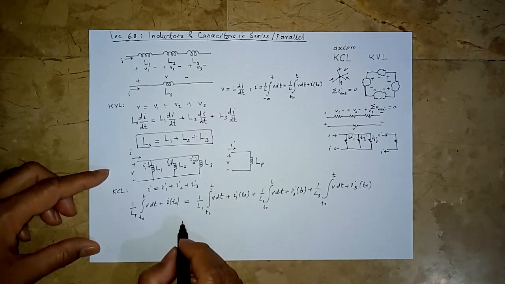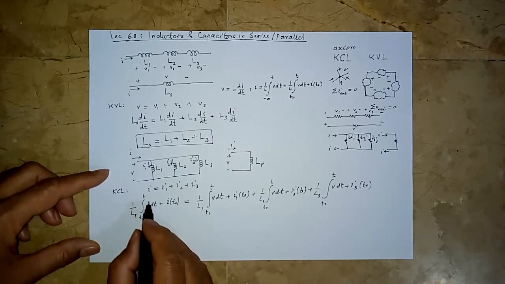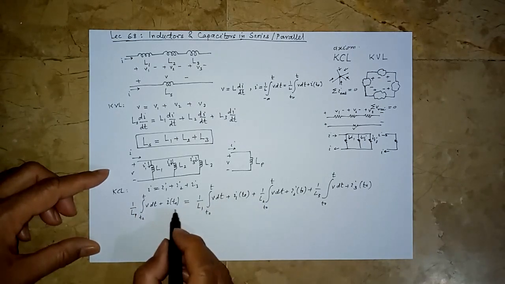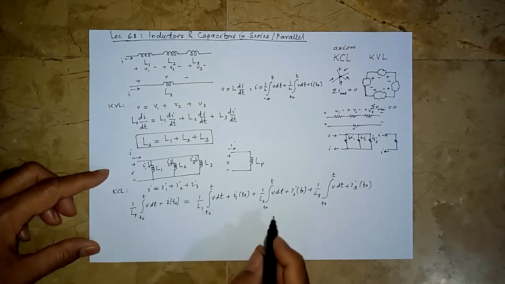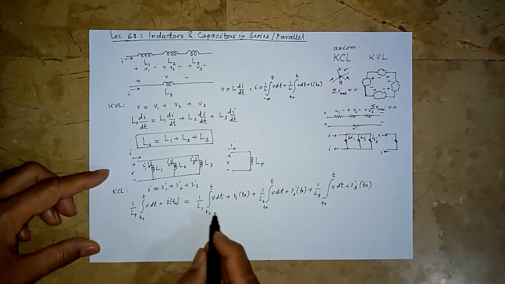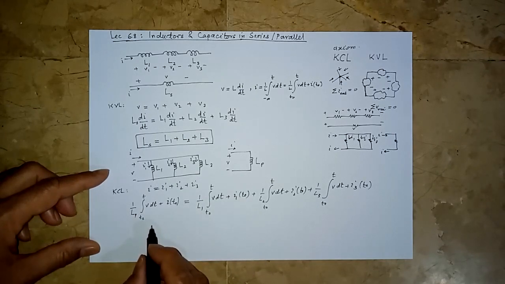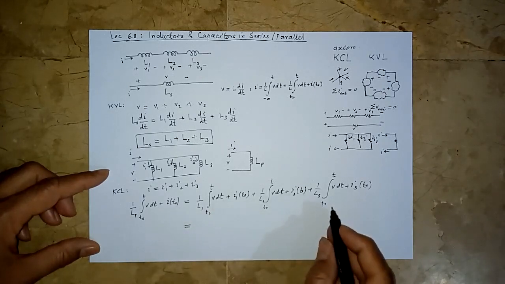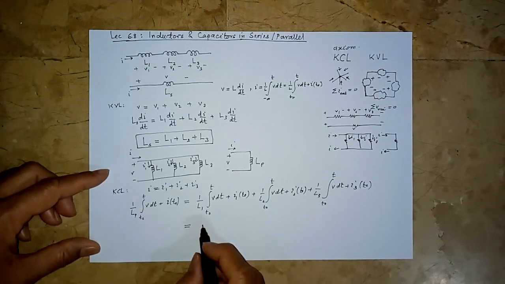Now you can see we have integral terms here, and then we have some constants in here as well. So basically we can have a smarter notation to write this. We have three inductors here in parallel. Let us say we have k inductors or n inductors.